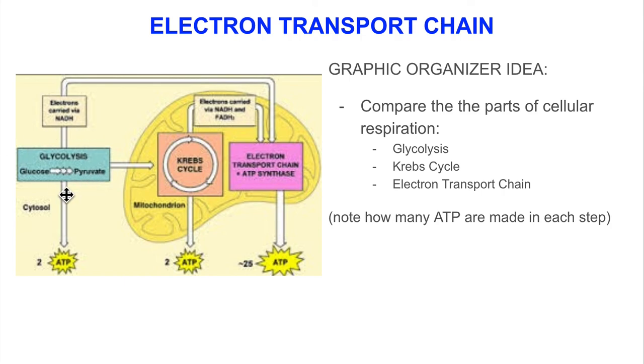So, Krebs cycle would be photosynthesis or cellular respiration? Glycolysis would be cellular respiration. Make sure you know that. And then make sure you know what's produced. With the Calvin cycle, I'm going to produce that glucose. And then the electron transport chain, I'm going to produce a whole bunch of ATP molecules.